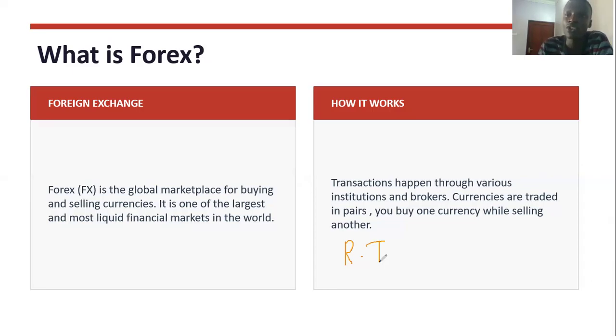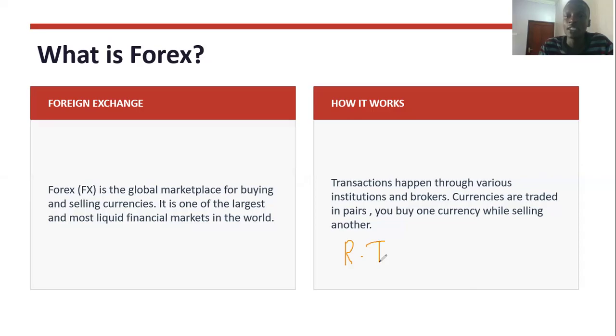But these individuals don't have enough money to move the market. Then you have the institutions, hedge funds, and many other market participants. Within institutions, we have big institutions like JP Morgan, Bank of America, and many others who take part in the market.